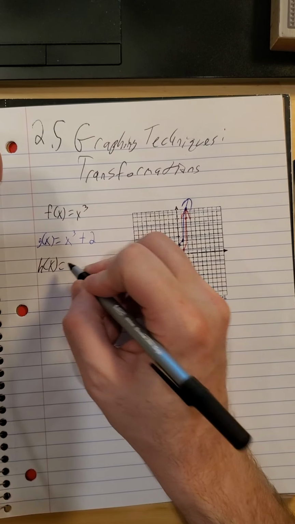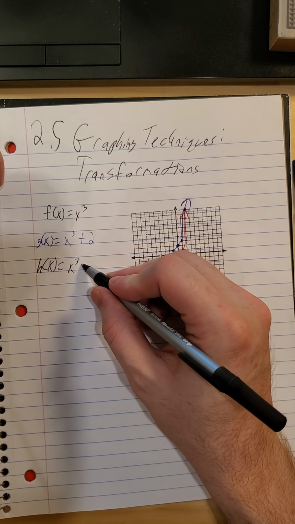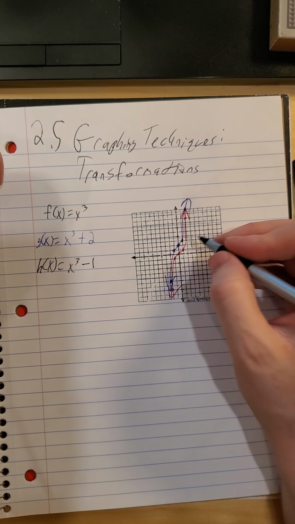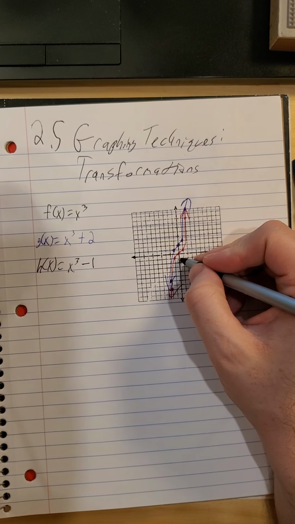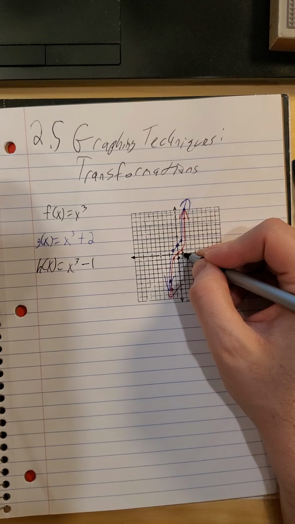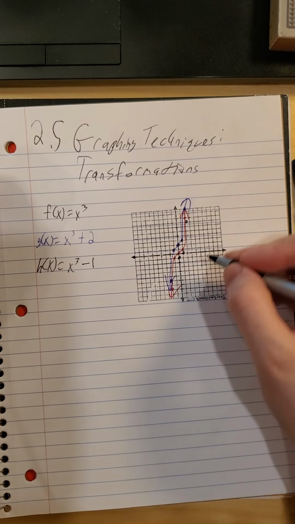H of x, we'll do an x cubed. Well, let's do just a -1. 0 cubed is 0. 0 minus 1 is -1. 1 cubed is 1. 1 minus 1 is 0. 2 cubed is 8. 8 minus 1 is 7.